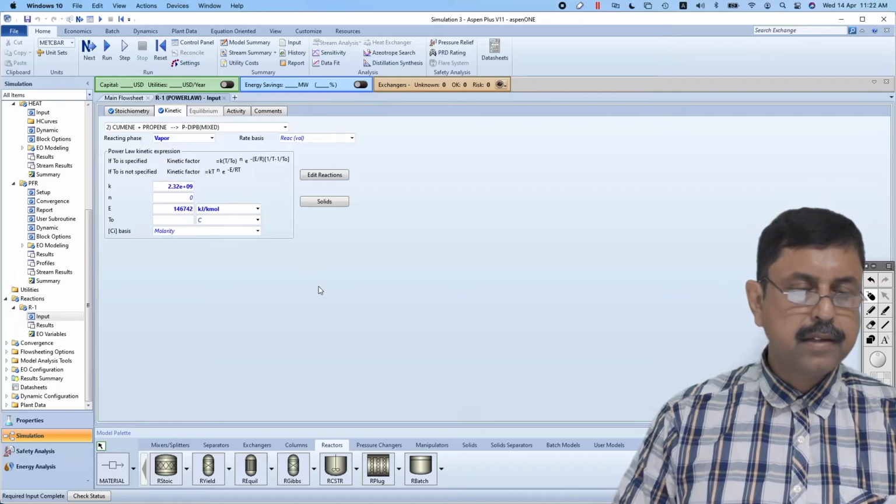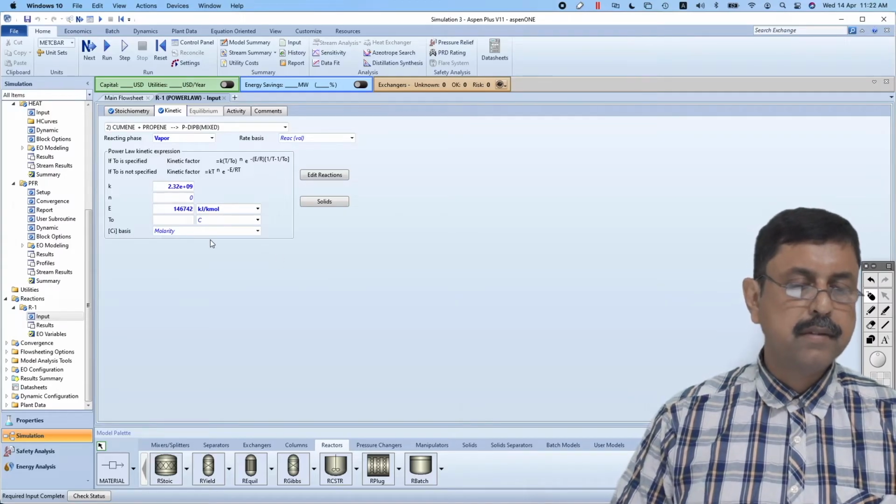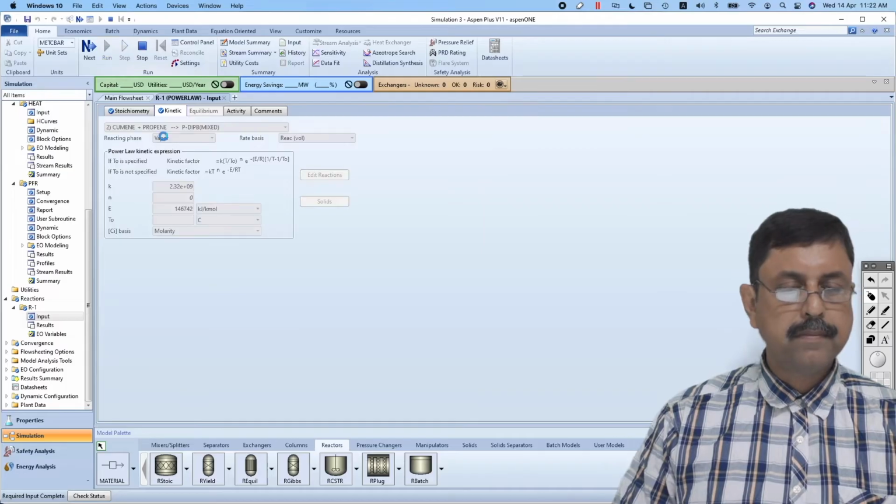So reaction is set and the whole system is set. Now run the system.